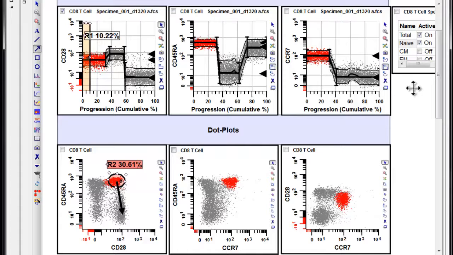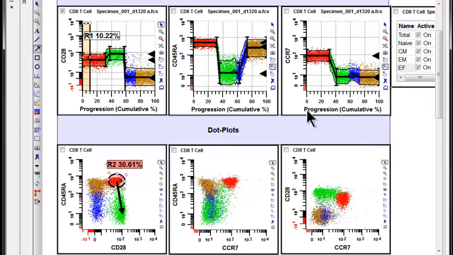Yep. But of course, we can break the progression up into all its stages. So here we have central memory, effector memory, and effector cell. And we can see the progression in terms of colors right here, and we can see the corresponding color progressions down in the dot plot.